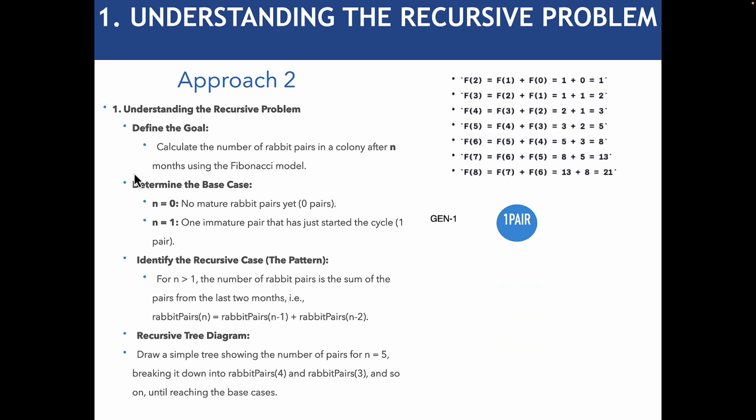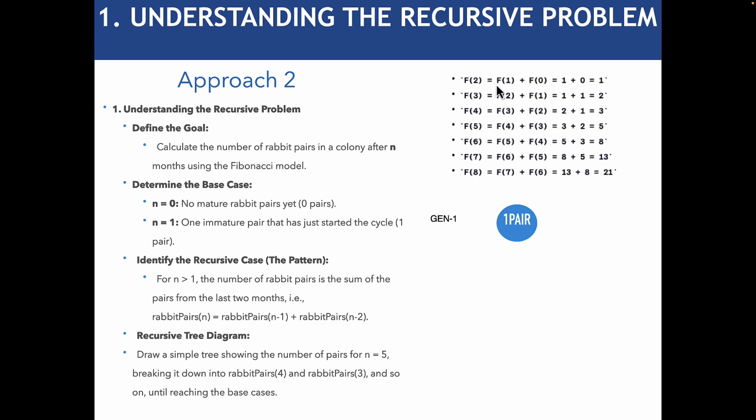So what is the base case here? We start with n equals 0 and n equals 1. We cannot make the sum unless we have 2 values. So the recurrent case starts at n equals 2: F of 2 is F1 plus F0.